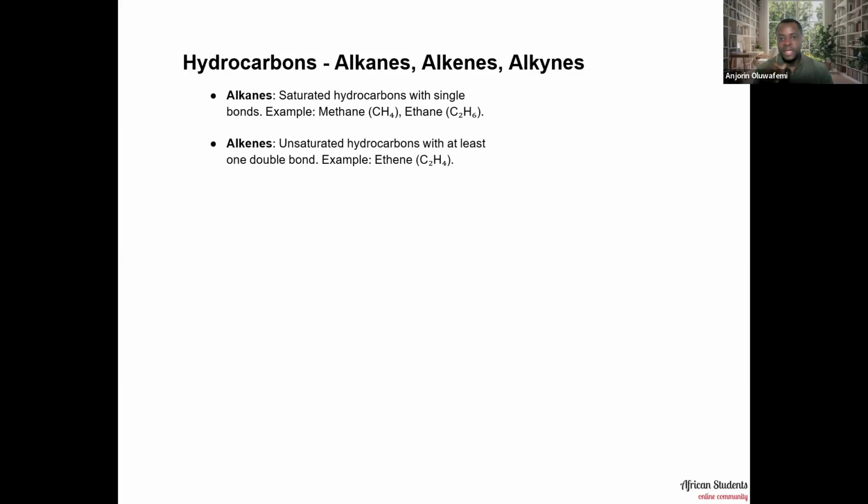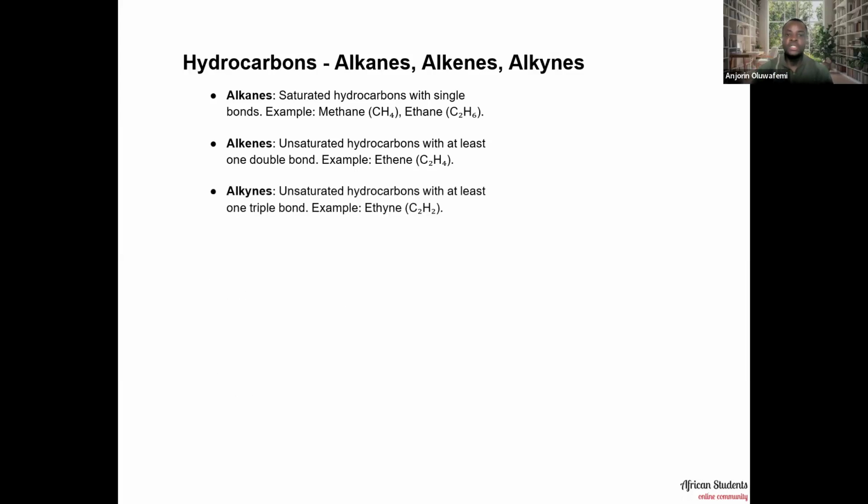The example is ethene, C2H4. If you notice, two hydrogen atoms have been taken away from ethane to give us ethene, C2H4. In place of the two hydrogen atoms that were taken away, you now see a double bond being introduced. So it has one double bond in its structure.